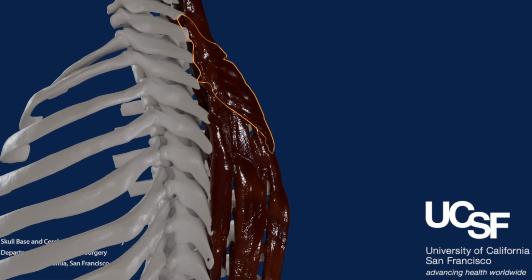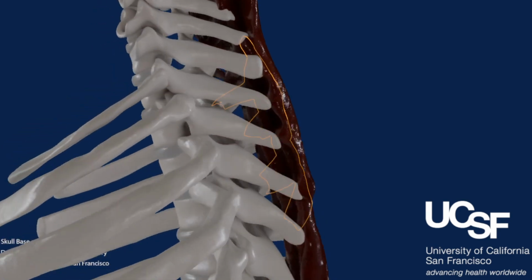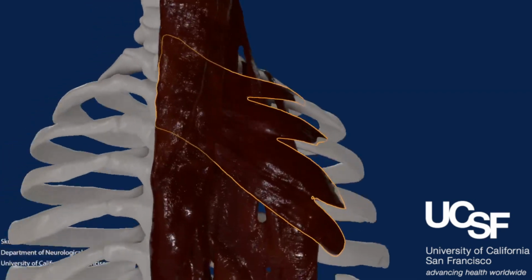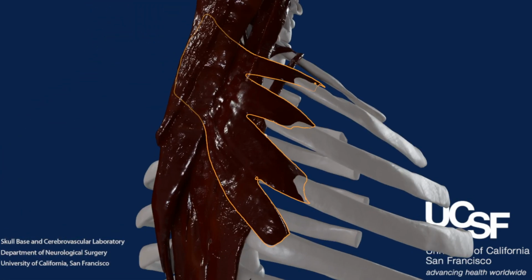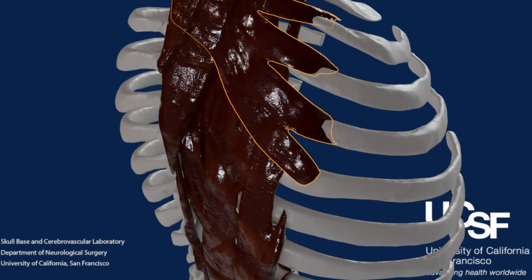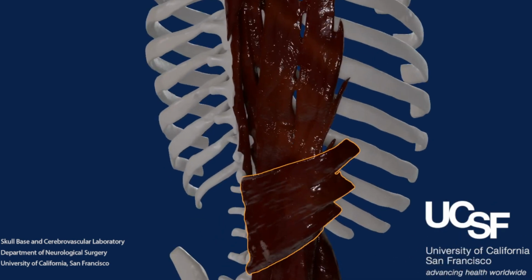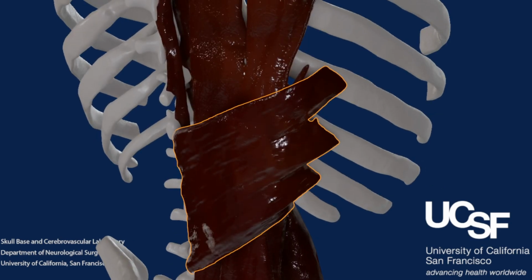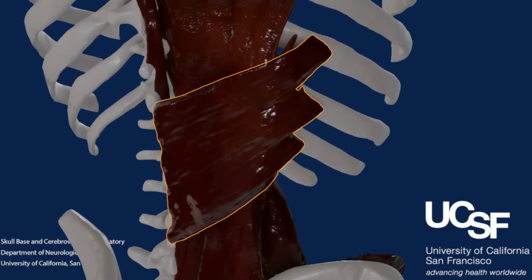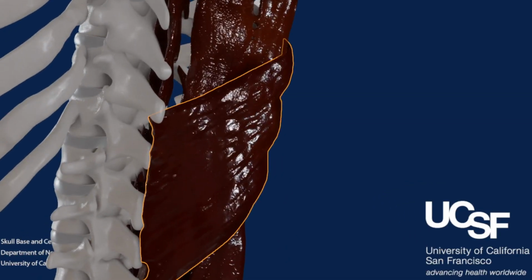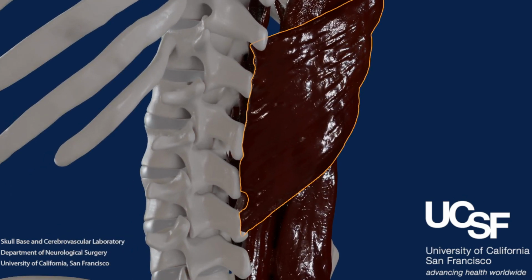The superior serratus posterior muscle is attached to the spinous processes of C7 to T3, and it's going to run laterally and attach to the second to fifth rib, whereas the inferior serratus posterior muscle also attaches to the ribs, the 9th to 12th rib, and medially it attaches to the spinous processes of T11 to L2.